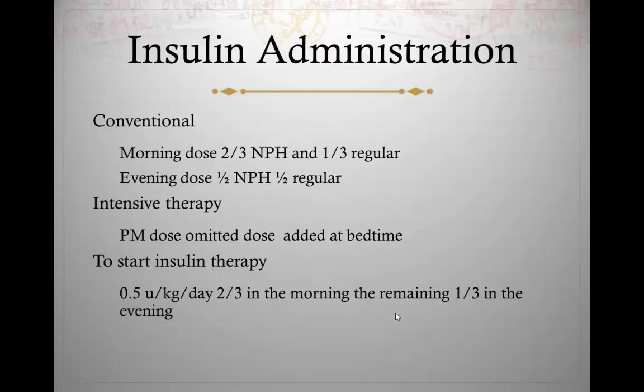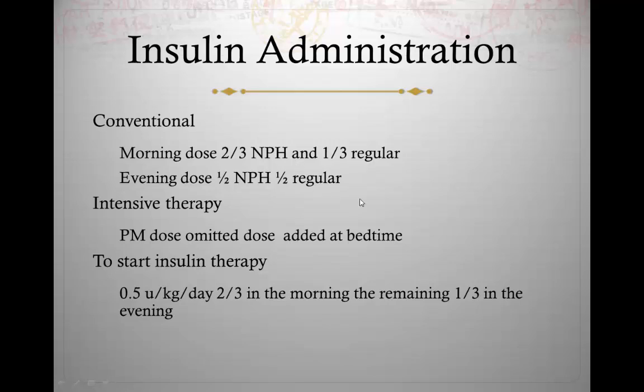So how do you administer insulin? So you have a conventional schedule or you have an intensive therapy schedule. The conventional schedule is basically a morning dose of 2/3 of NPH and 1/3 of regular, and with an evening dose of half NPH or half regular.